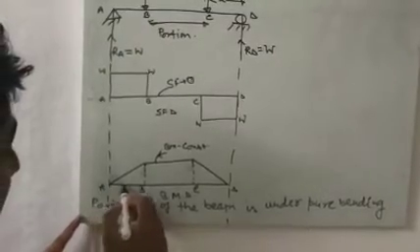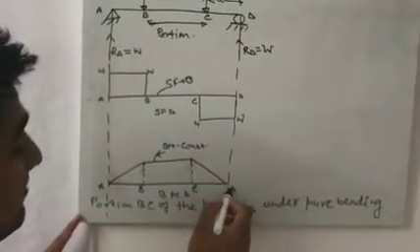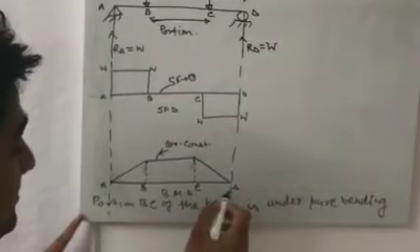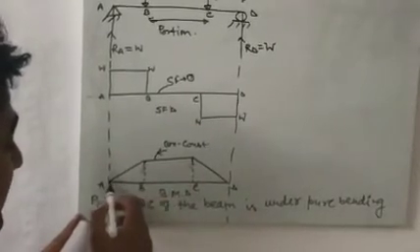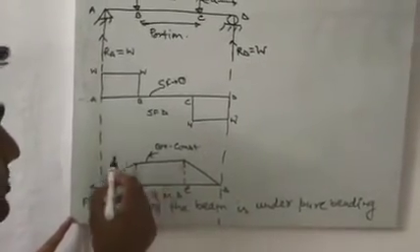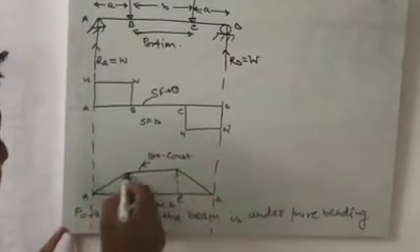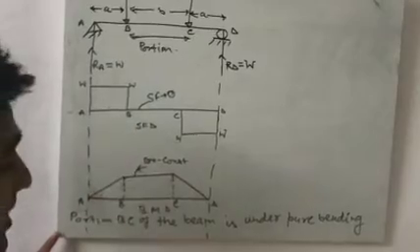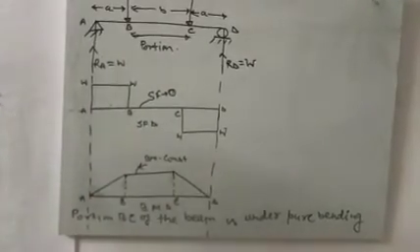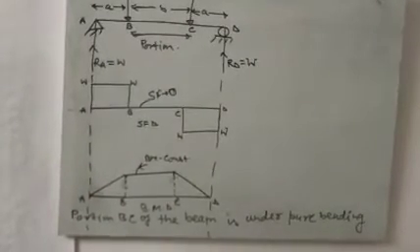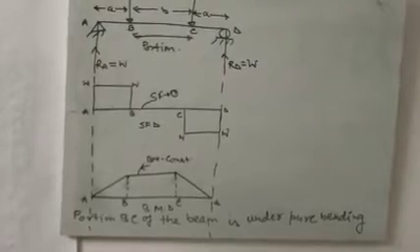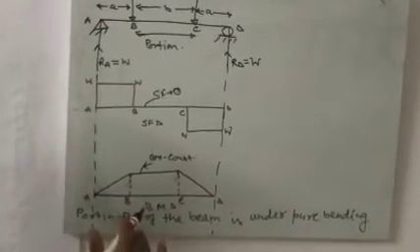And for portions AB and CD, bending moment is not constant. There is change in bending moment. At A it is 0 and at B it is maximum. Similarly at D it is 0 and at C it is maximum. And for these portions there is shear force value. That means when bending moment varies, there will be normal stresses as well as shear stress in the beam.